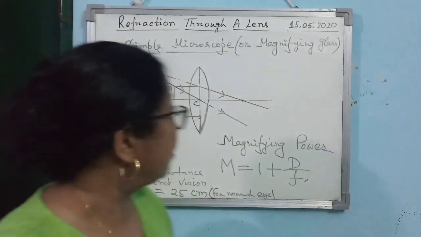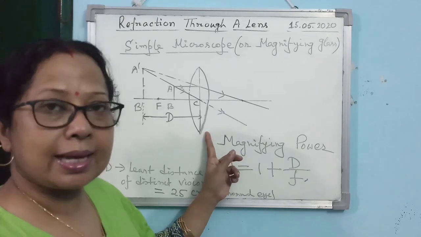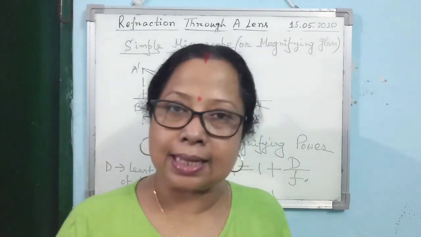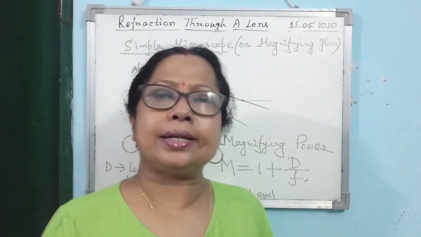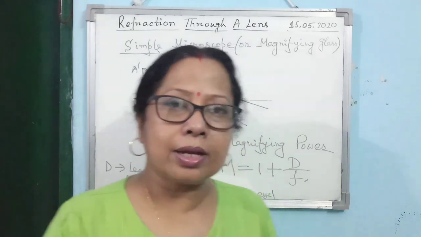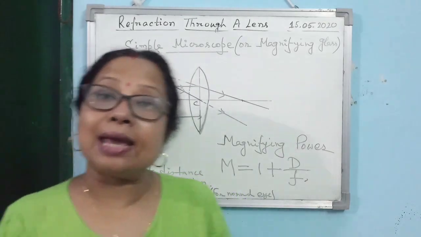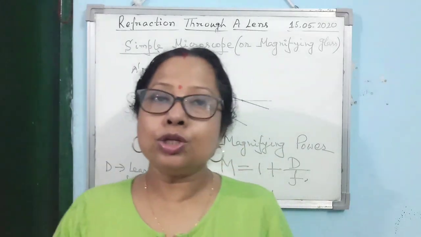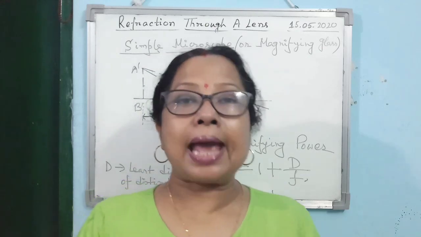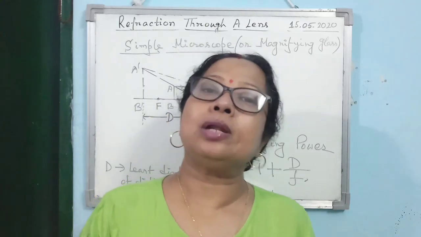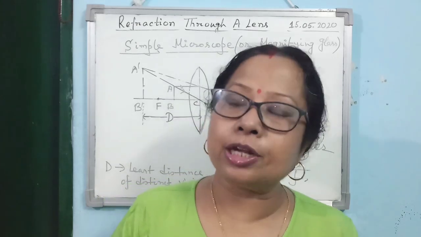Means by using this convex lens, you can visualize a very small object as quite a big object. So magnifying power means the ability of the lens to produce an enlarged image. The more enlarged the image produced, the more the magnifying power.